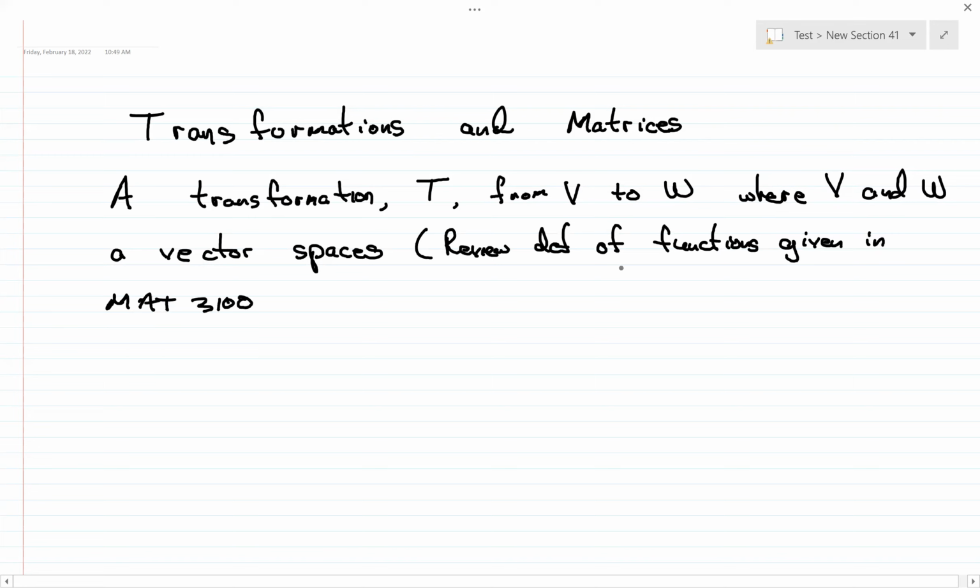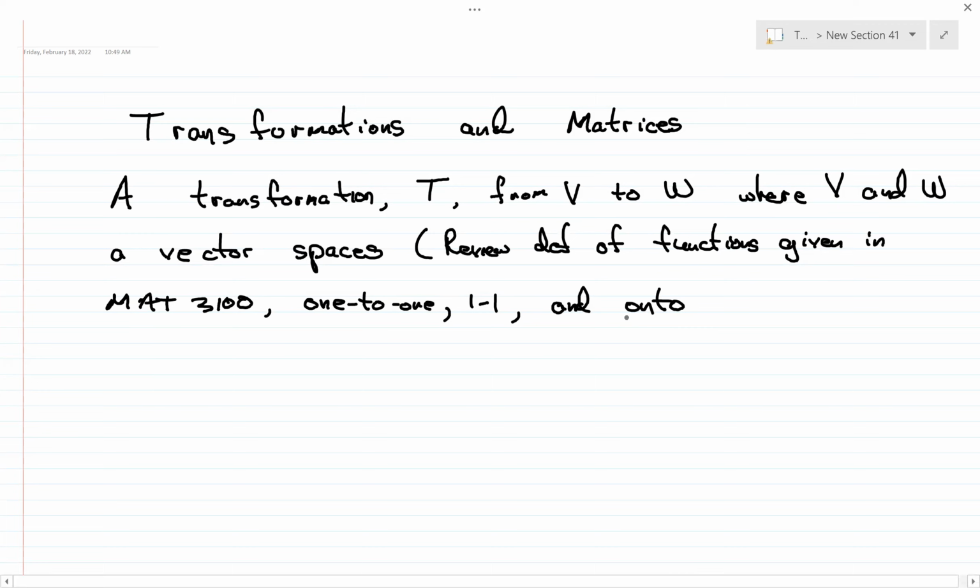In particular, you may want to review concepts such as one-to-one, which is also sometimes read this way, and onto. We'll go over them a little bit when the time comes up, but it would be great if you already did some preliminary reading so you know what those concepts are about.